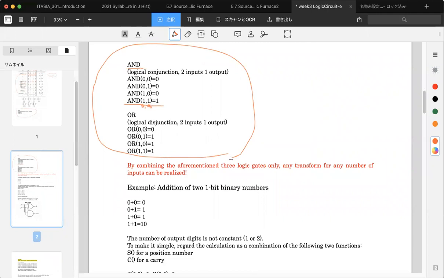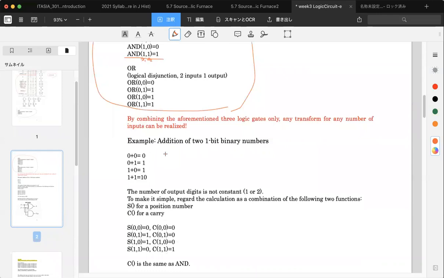Sorry, I think this whole sentence also caused some confusion. I think what he meant by saying, by combining the aforementioned 3 logic gates only, any transform for any number of inputs can be realized.